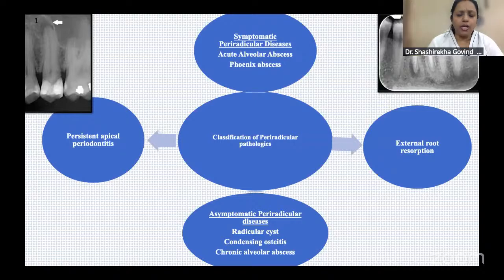Coming to the classification of periradicular pathologies, in our day-to-day clinical practice we see symptomatic periradicular diseases like acute alveolar abscess or Phoenix abscess. Next, most common are asymptomatic periradicular diseases like radicular cyst, condensing osteitis, and chronic alveolar abscess. Next are external root resorption and persistent apical periodontitis.